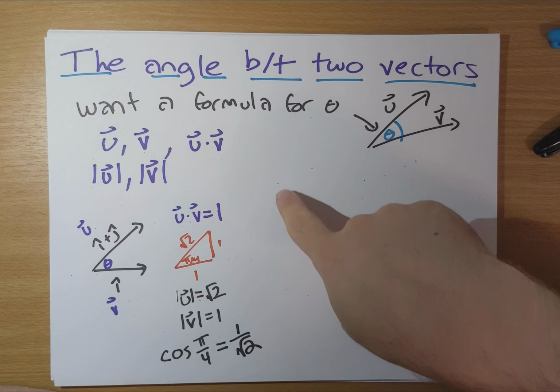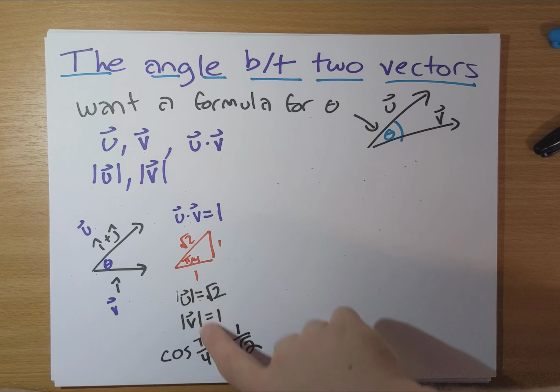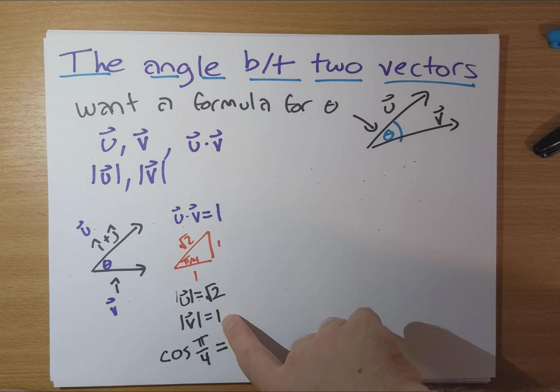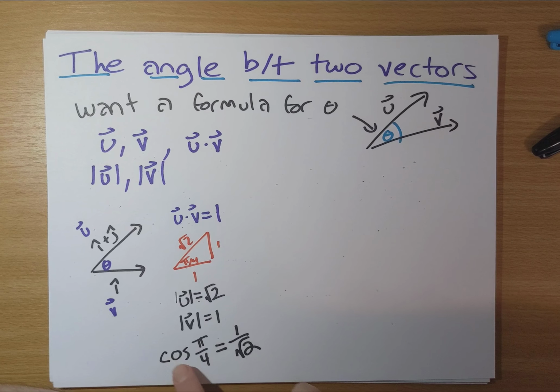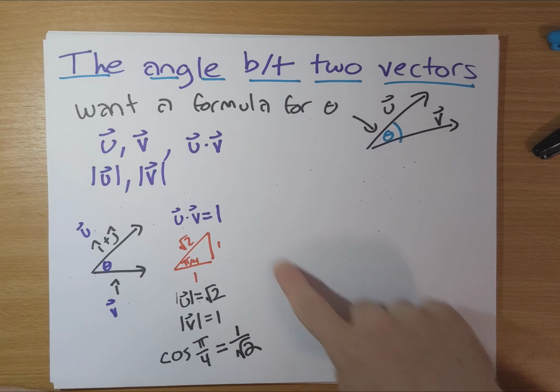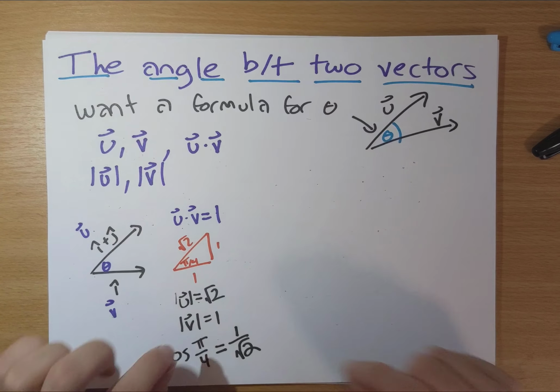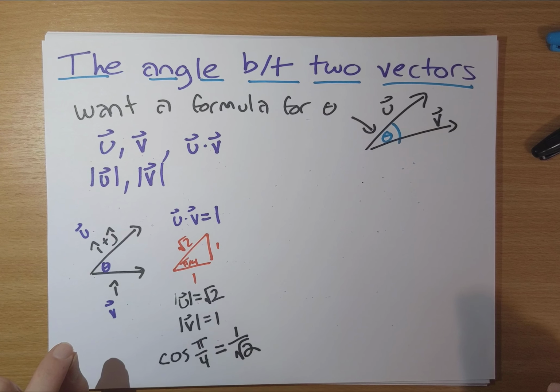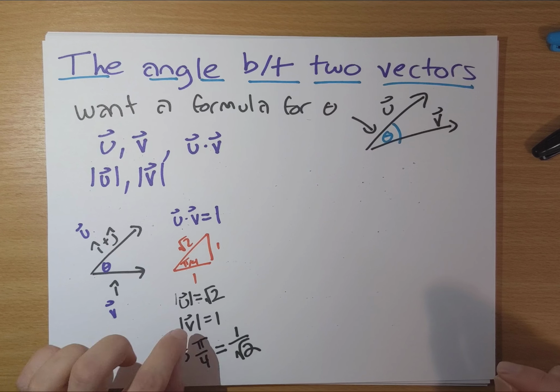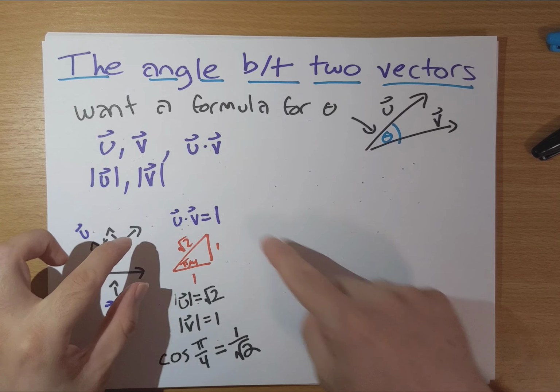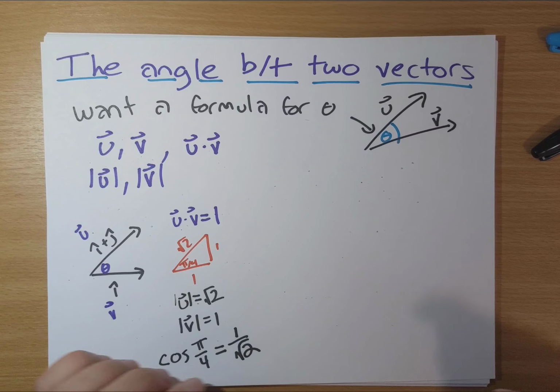And so the thing that we should be realizing is that this looks somewhat promising here. We see 1s, we see a square root 2, and cosine of pi over 4 is 1 over square root 2. So maybe you start thinking about what's the appropriate way to put together all of this information in a formula for cosine of theta. It gives us something to do with these values here.